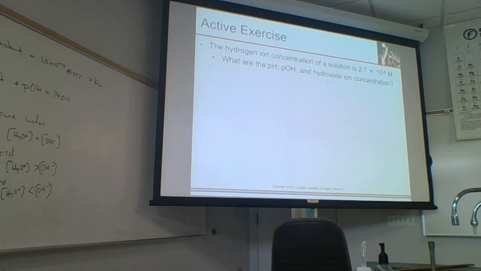pH. Well, then the pOH, we just take 14 away from that. 9.43. And then the hydroxide ion concentration, that's the power, so it's 10 to the minus 9.43 molar.